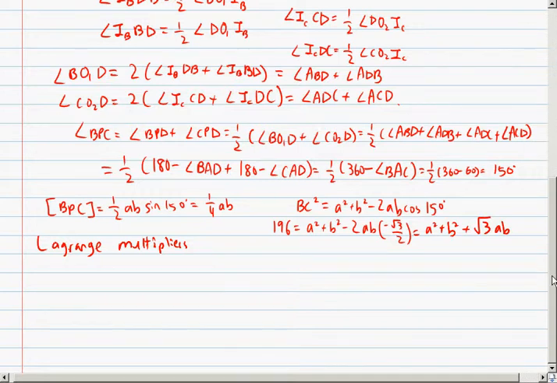Well, first of all, let's look at the function that we have to maximize, which is BPC area equal to 1/4 AB. And we have to find the gradient of that.